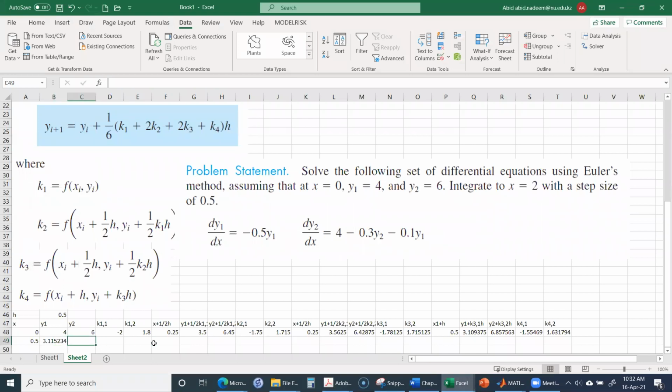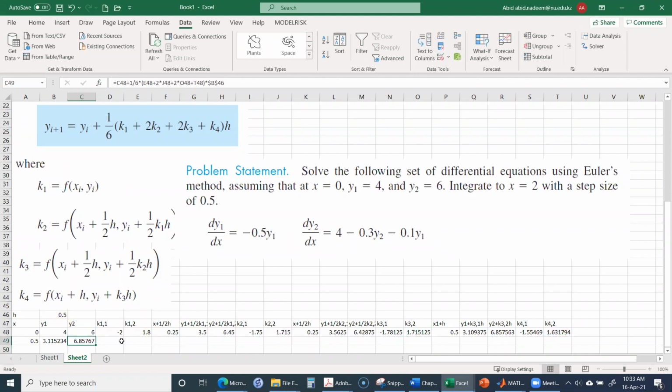And similarly, calculate for y2. It is equal to this previous value of y plus 1 divided by 6 times bracket k1 of the second equation, plus 2 times k2 of the second equation plus 2 times k3 of the second equation and plus k4 of the second equation here, bracket close, multiplied by h, and press F4, and 6.85.